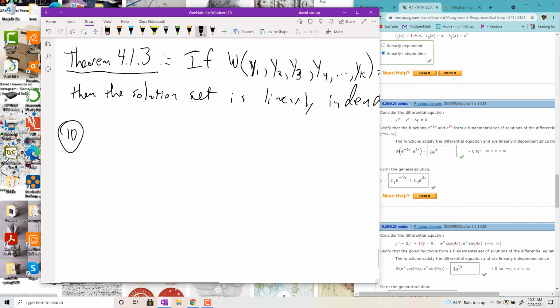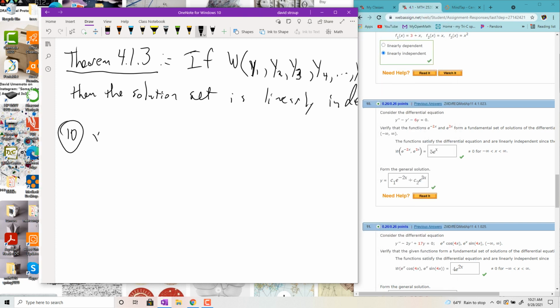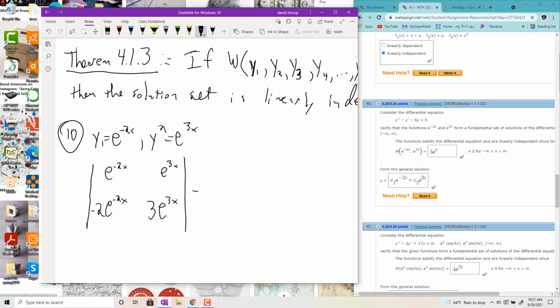Okay, so the solution set y1 is e to the negative 2x, y2 is e to the 3x, and then we have our Wronskian is going to be e to the negative 2x, e to the 3x, and then you just take the derivatives going down the columns. So e to the negative 2x times negative 2, e to the 3x times 3, and then boom, boom.